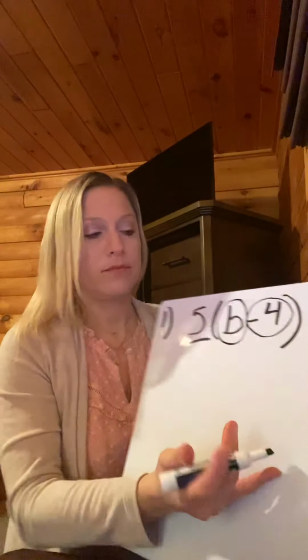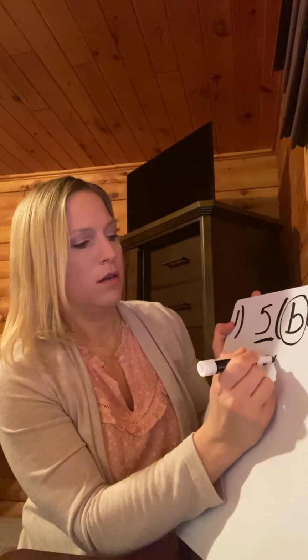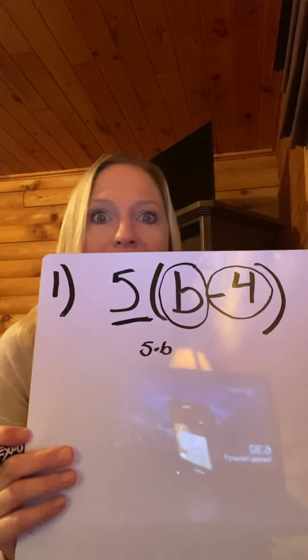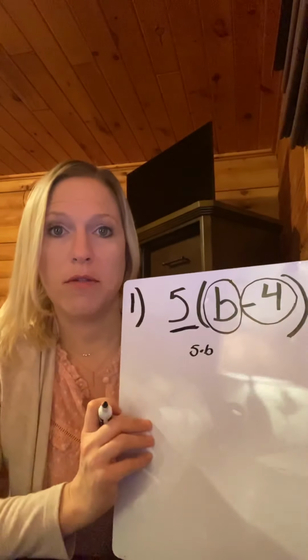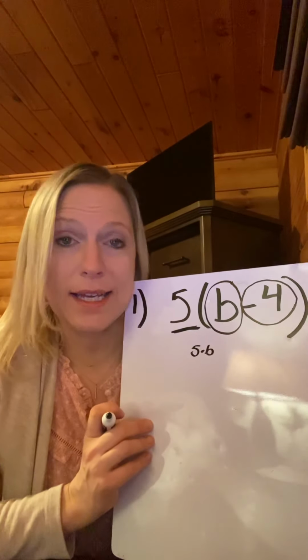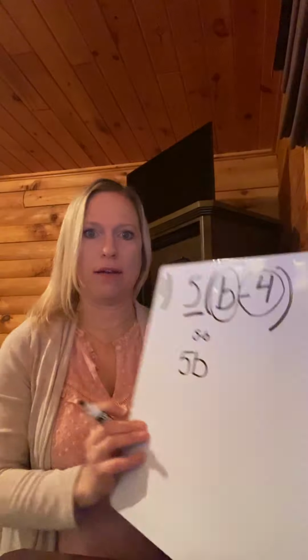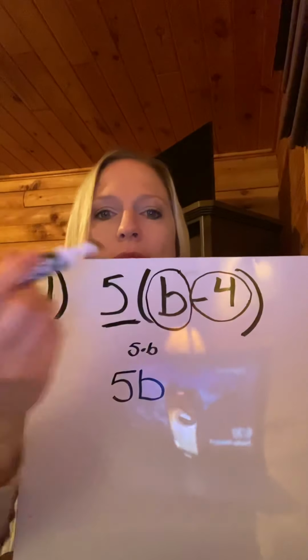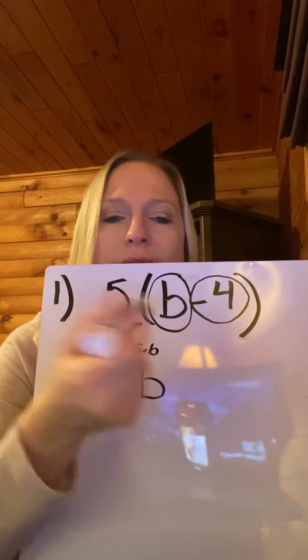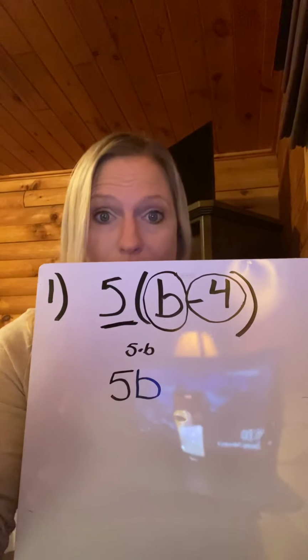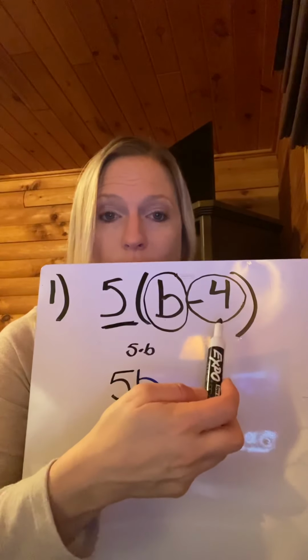And that's it. So what is 5 times the variable B? Easy, it's 5B. Well, easy once you get used to seeing that, right? And then the second thing, so we did this, 5 times B. Now we need to do 5 times the other term, which is negative 4.